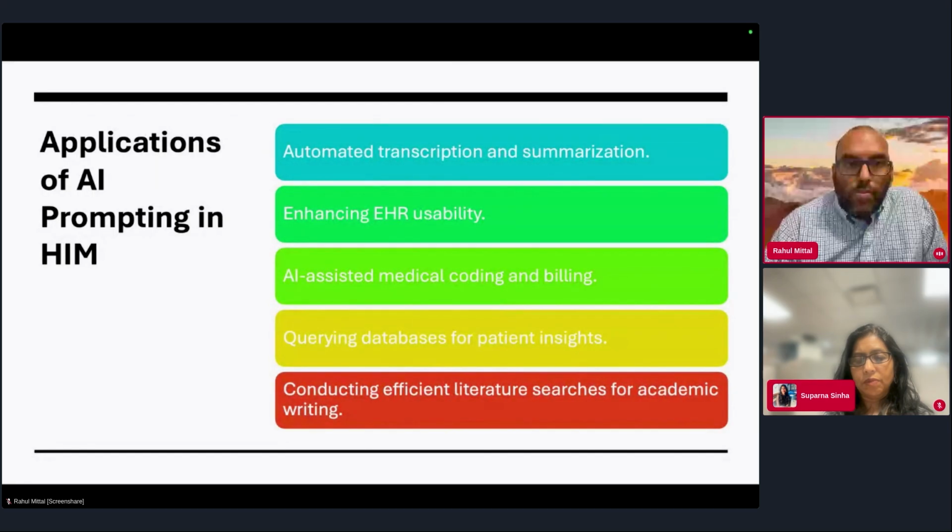One of the other ones I've been using on one of my courses is conducting efficient literature searches for academic writing.